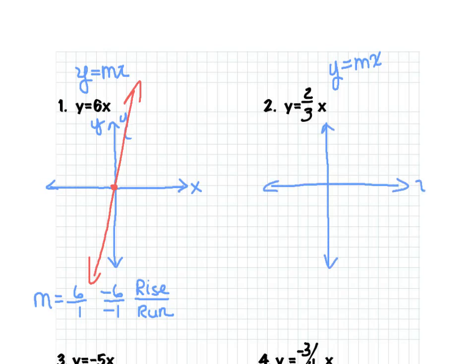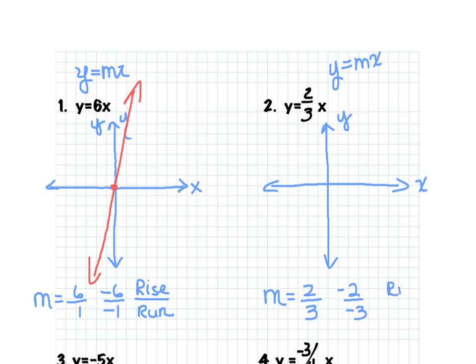Because it's a direct variation equation, I can plot my first point right here at the origin at 0, 0. That point is on my line. The next thing I'll do is define my slope. My slope is 2 over 3, or I can call it negative 2 over negative 3. Those are both the same.